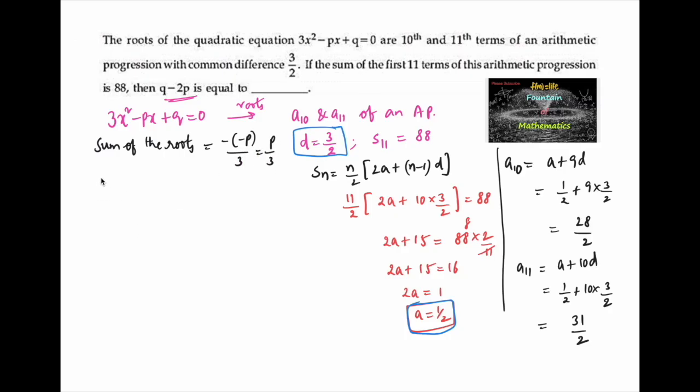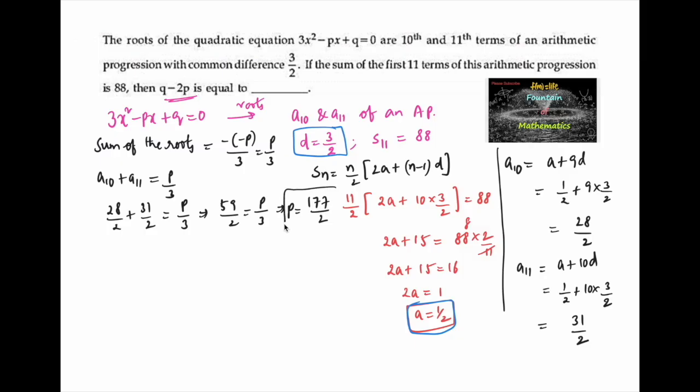So here sum of the roots is a10 plus a11 is equal to p by 3, that is 28 by 2 plus 31 by 2, which is equal to p by 3. So we can write 59 divided by 2 is equal to p by 3. So p is equal to, we can write 177 divided by 2.